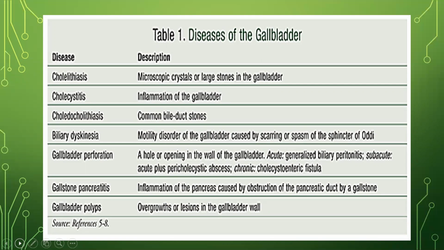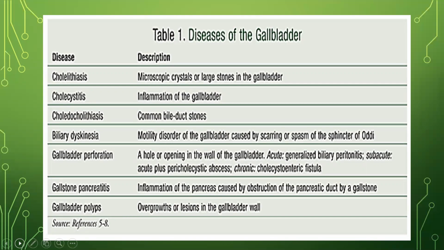Biliary dyskinesia is a motility disorder of the gallbladder caused by scarring or spasm of the sphincter of Oddi and leads to abnormal passage of the bile due to a problem with the normal kinesis or motility of the bile ducts.